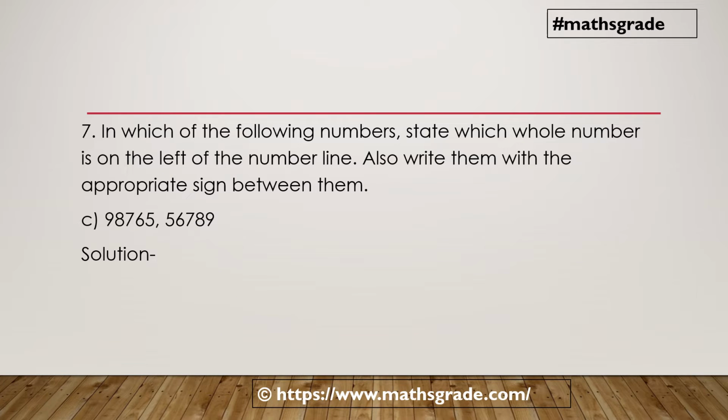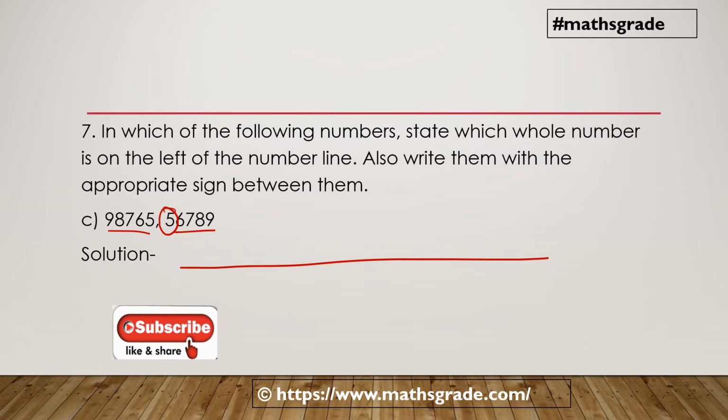Now question number 7, third bit C, 98,765 and 56,789. Which number is on the left hand side of the number line? We have to first draw the number line. Between these two numbers, in 56,789, 5 is in the ten thousands place, and in 98,765, 9 is in the ten thousands place.